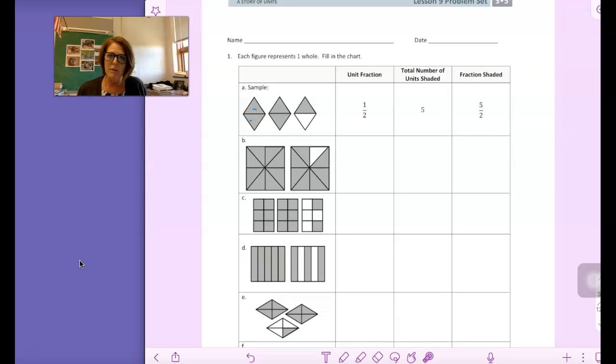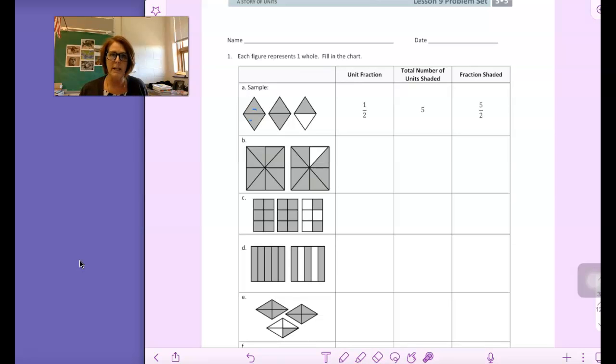The total number of units that are shaded in this picture are 5. And the fractional amount that is shaded is 5/2 because each of these is a half, and we have 5 of them that are shaded.